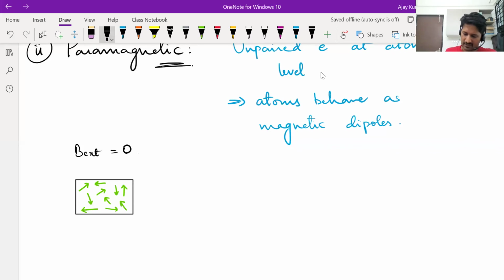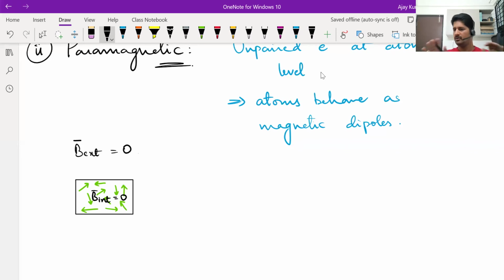So when the external field is zero, the internal field will also be zero. The material will not behave as a magnet on its own. Okay, at the atomic level, magnetism is there, but the object as a whole has a huge number of atoms. So there are a huge number of dipoles in random alignments.